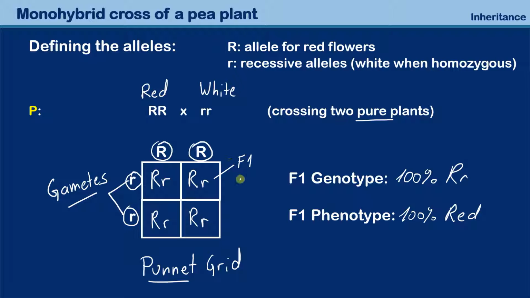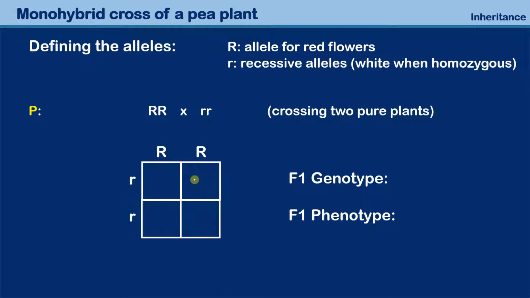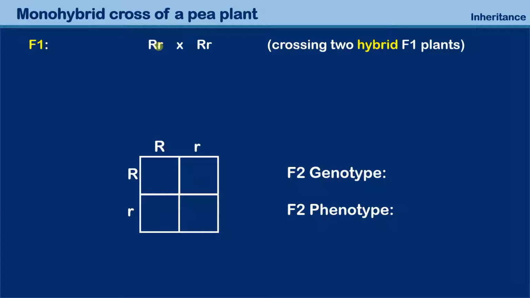So we have now F1 plants, and what we do now is the following. Let's cross two of them together. We take two of these plants together, and again, now the situation becomes a little bit more interesting. Again, we're forming gametes. I'm writing them up here. This is the dominant gamete.